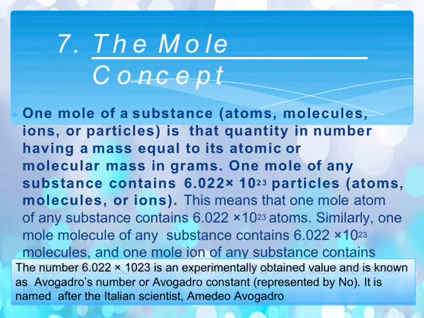If we say that 1 dozen is equal to 12 number, then 1 mole is equal to how much? 6.022 into 10 raised to power 23 number, which may be atoms, molecules or ions.